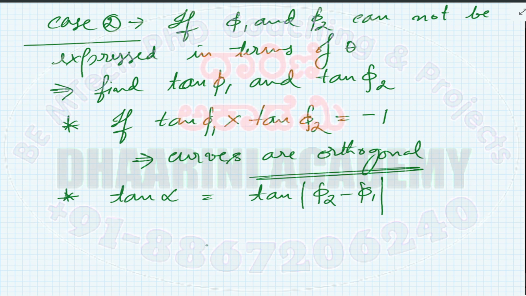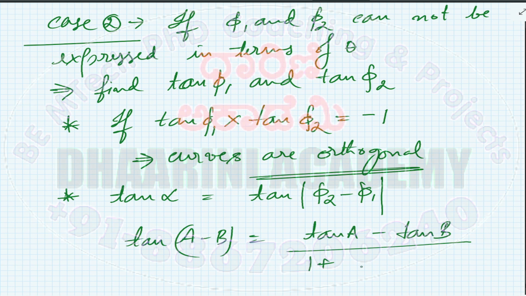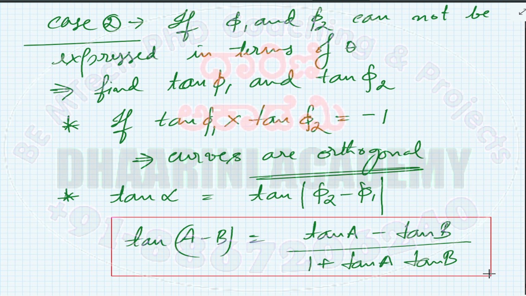Something very basic from trigonometry: tan of A minus B can be written as tan A minus tan B, whole divided by 1 plus tan A tan B. This is something very basic. This equation we are going to use now, so I'm going to use this property.